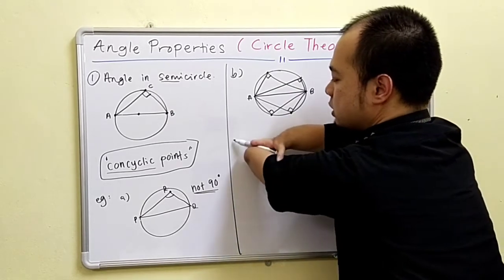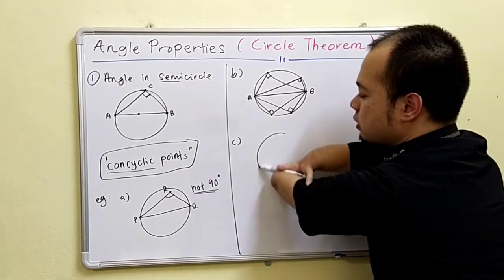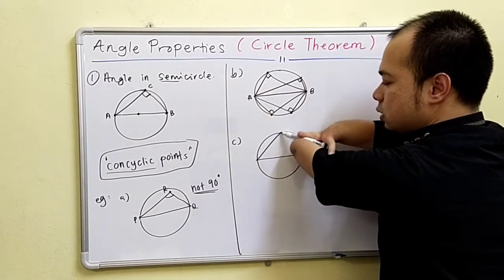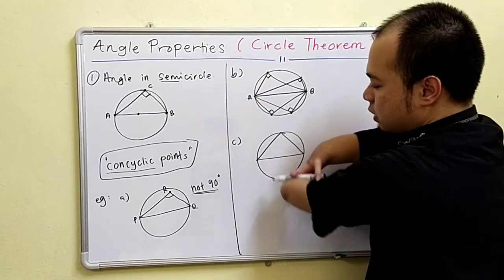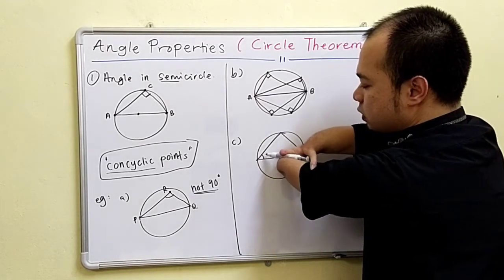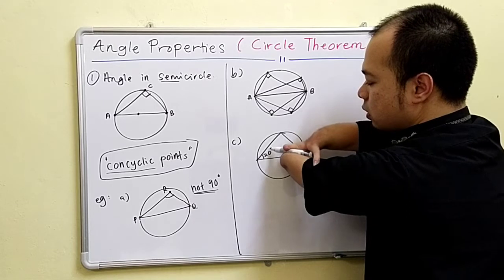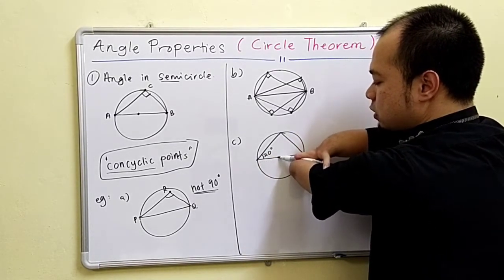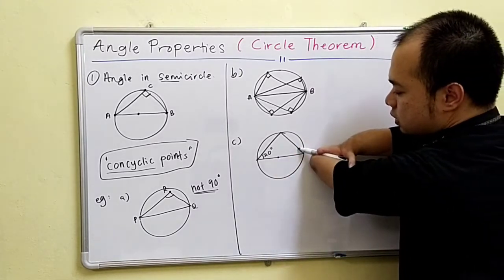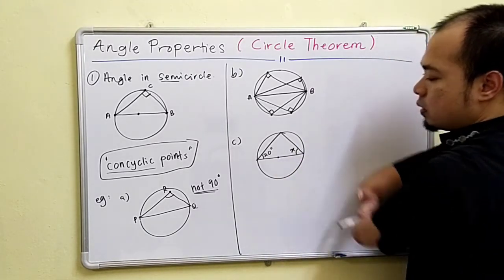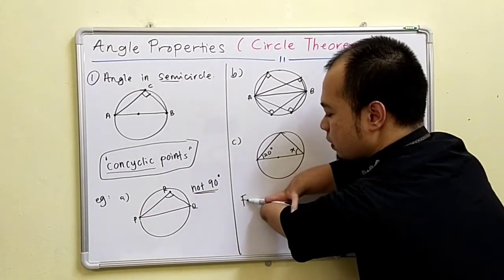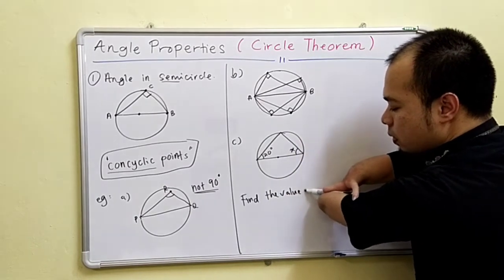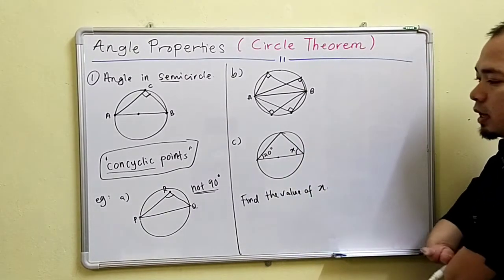Okay, for example, let's say they have this question. Given the value over here is 20 degrees, and this is the center of the circle, then here is the value of x. The question: find the value of angle x.